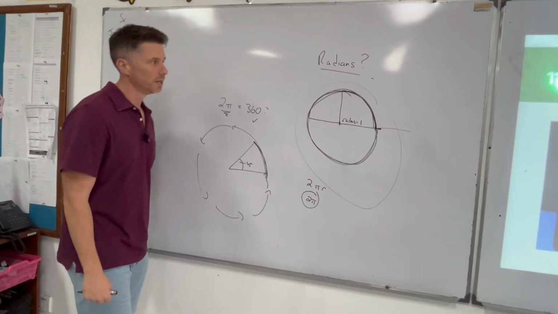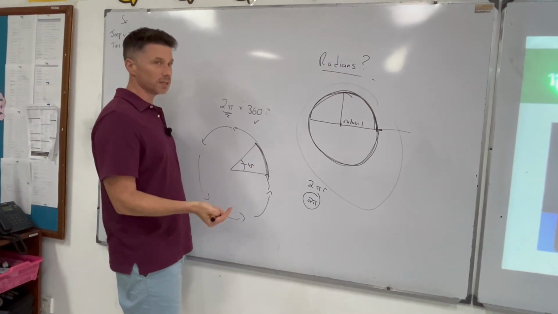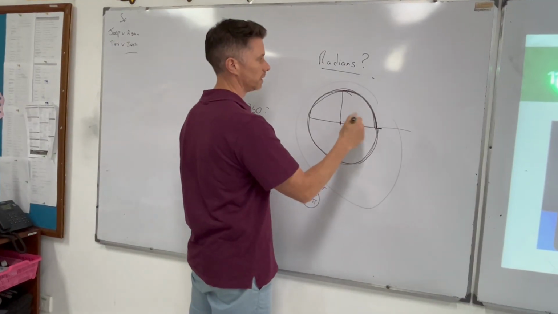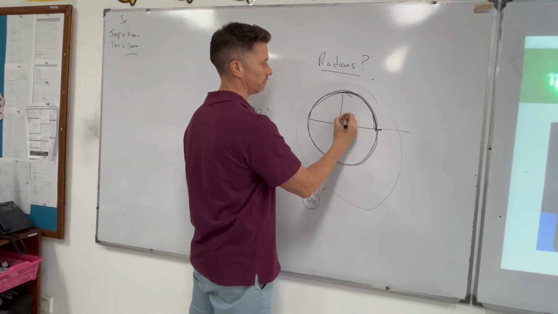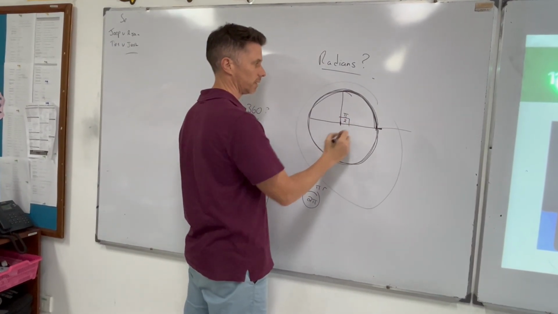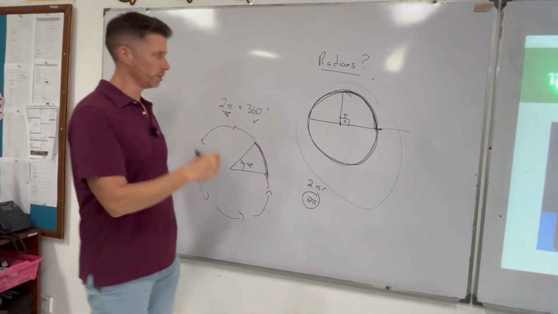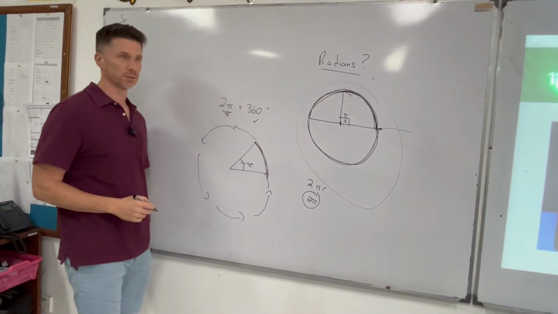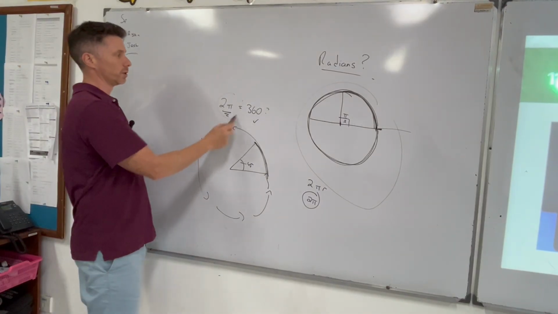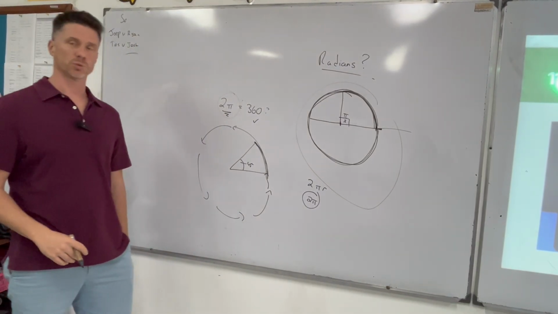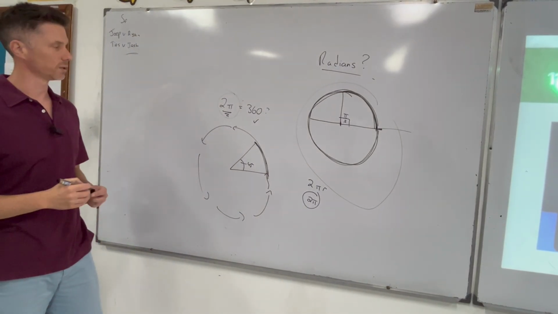We say that the angle is now in radians. A 90-degree angle is pi over 2, a 180-degree angle is pi, and a full circle is 2 pi. This is what happens if you have a circle of radius 1.